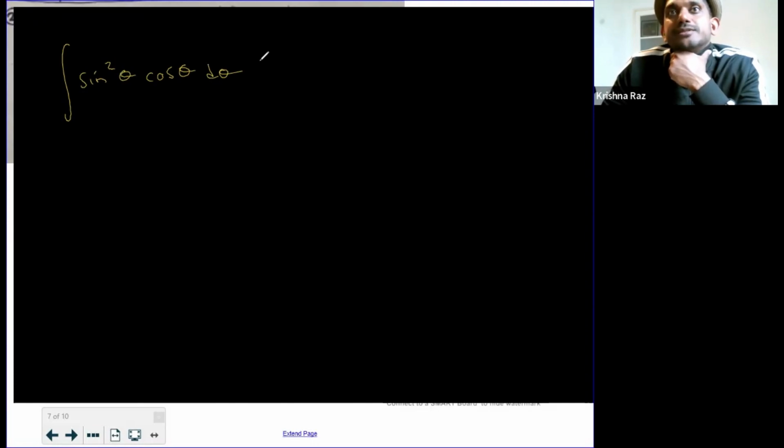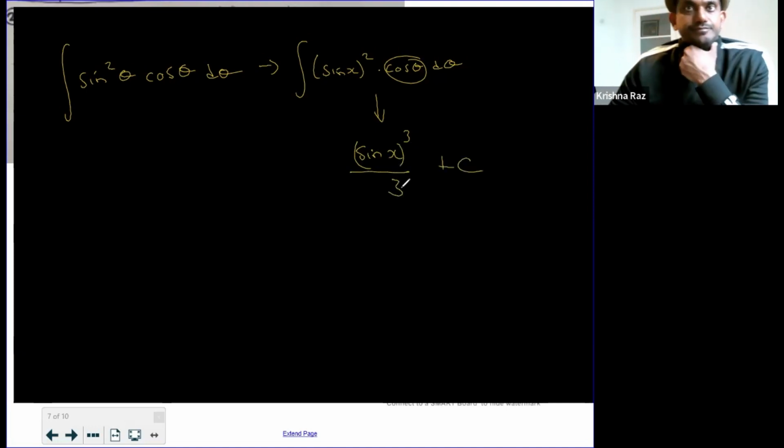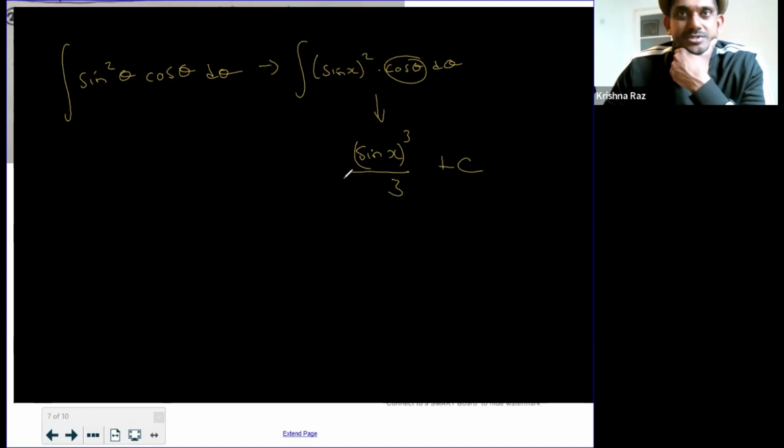If I rewrite it, this is sine theta squared times cos theta, so there's a relationship between this and sine theta. If I did a substitution, it would cancel out. It would end up integrating to sine theta cubed over 3 plus c. I've not done that in too much depth because there's another video called reverse chain rule, so you can check that out. So the integral will be sine theta cubed over 3.